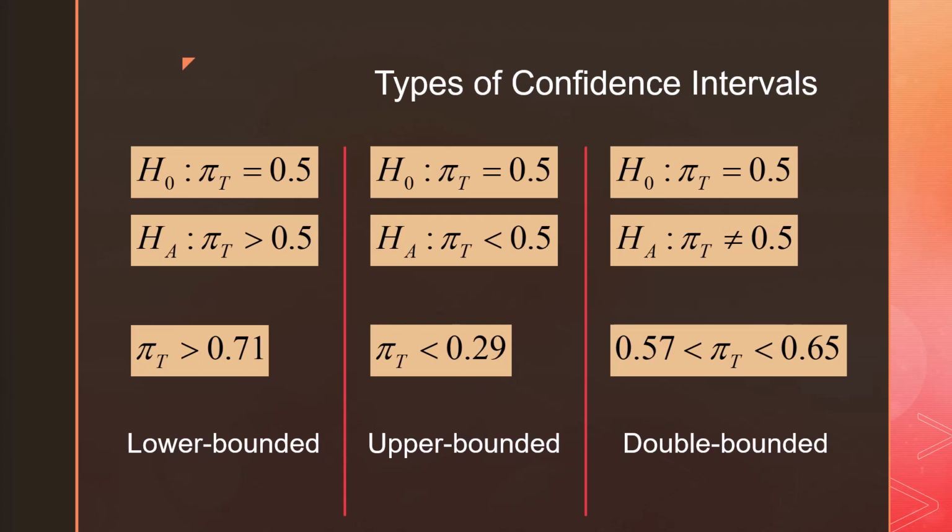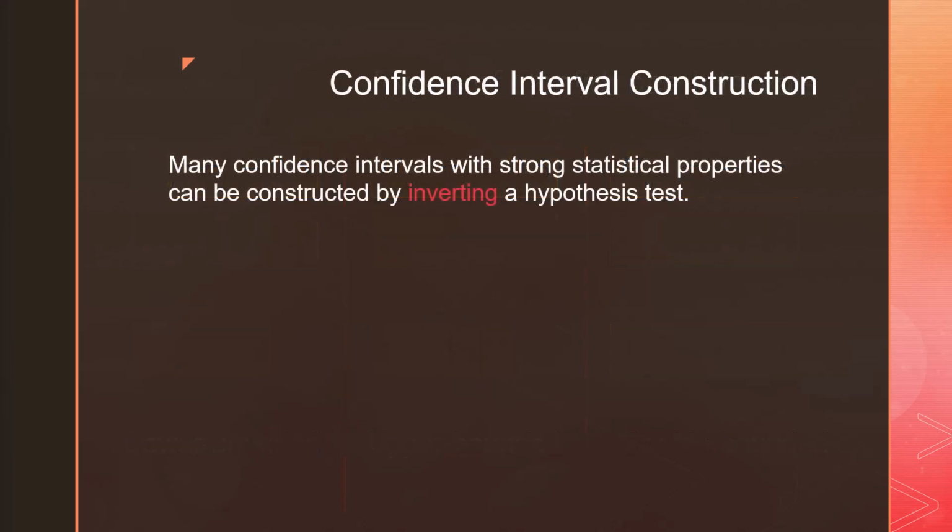Thus, we will seek a lower bounded confidence interval. There are several ways to construct confidence intervals, but one of the most important ways that has wide applicability is the inversion method. This is the method I use most often and what I'm going to focus on in this course.